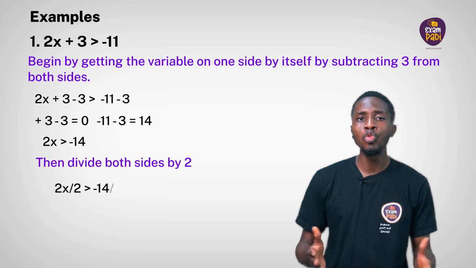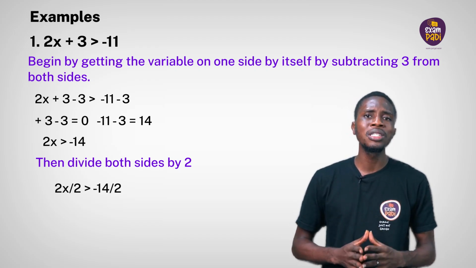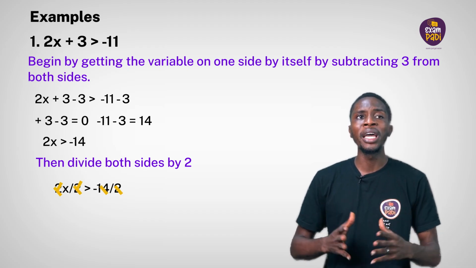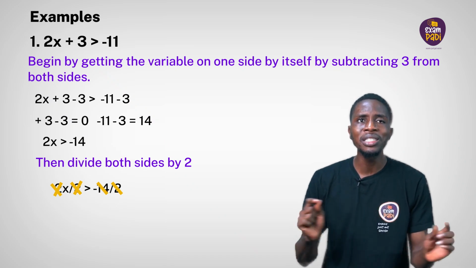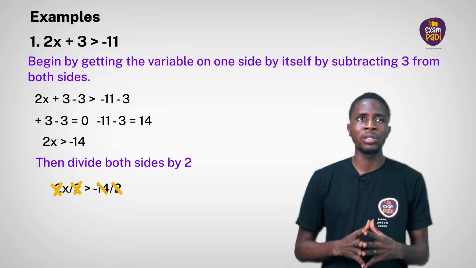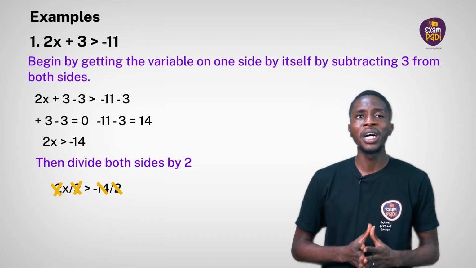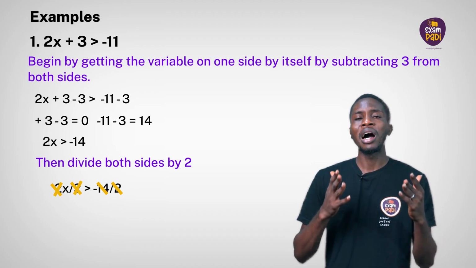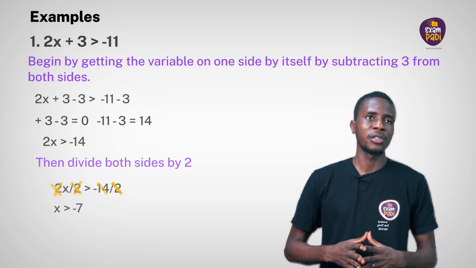Therefore, we have 2x divided by 2 greater than minus 14 divided by 2. Since you are dividing by a positive 2, there is no need to worry about changing the sign of the inequality. Remember, the symbol only changes when dividing with a negative sign. Therefore, our final answer is x greater than minus 7.